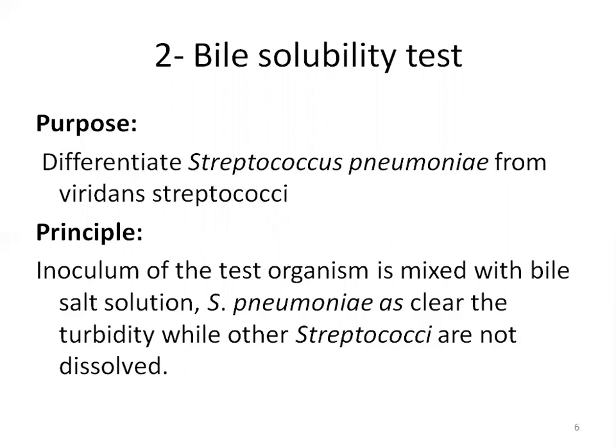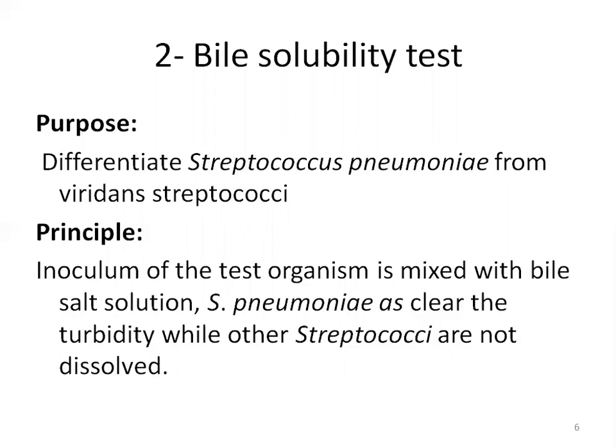Streptococcus pneumoniae is soluble in bile and other bile salts in comparison with the other streptococci members of the viridans, which are insoluble.